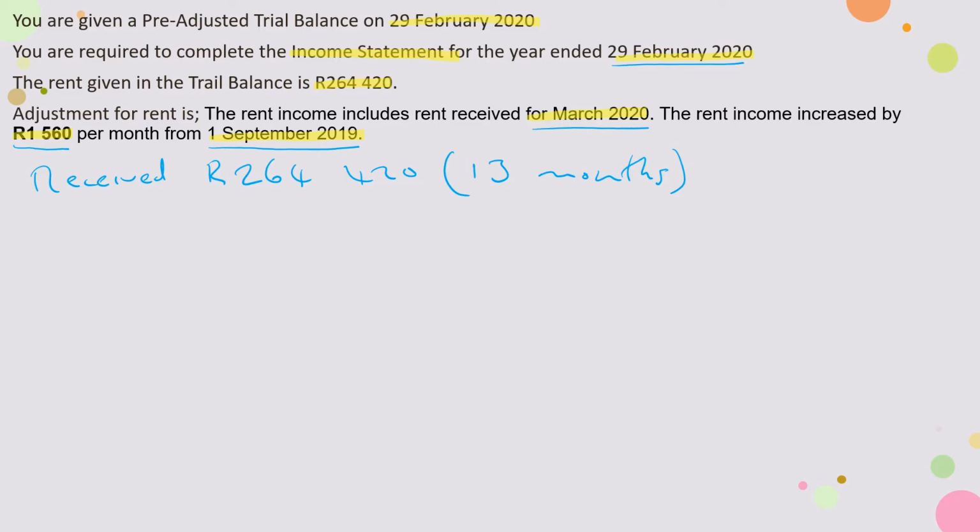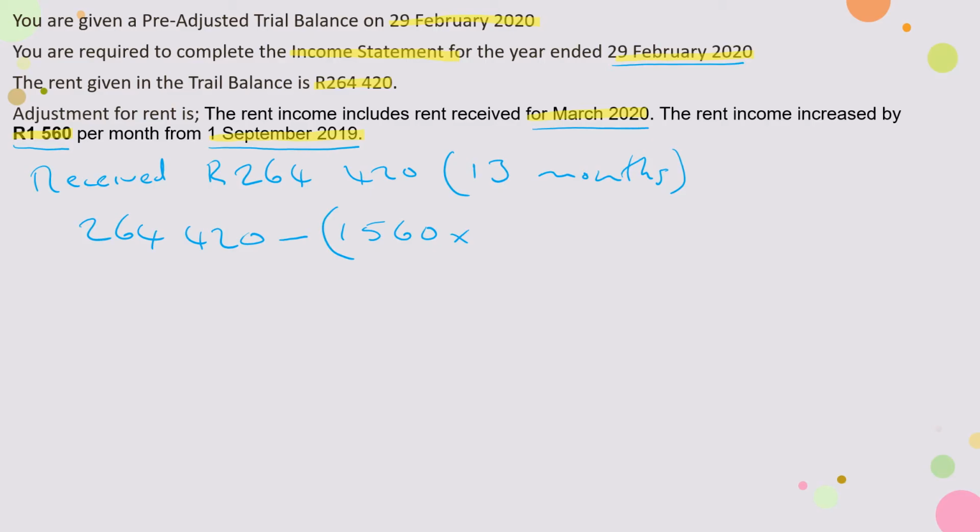So we say 264,420 minus 1,560, because that's the amount the rent was increased by, times the number of months, from 1 September 2019 to 31 March 2020, that should be 7 months.